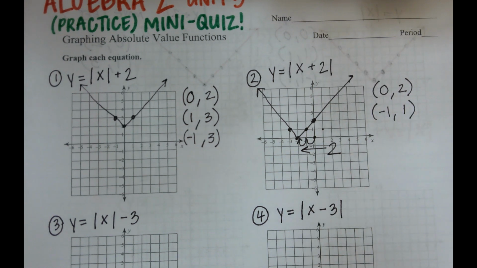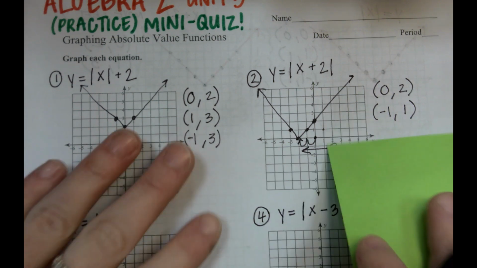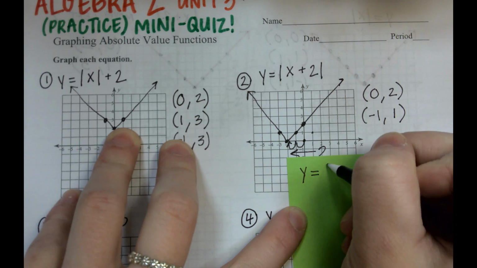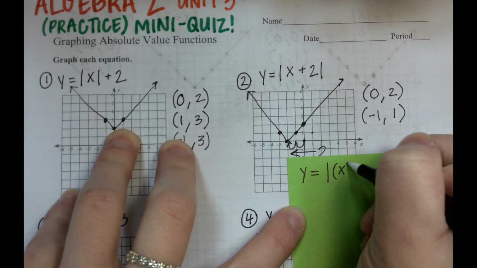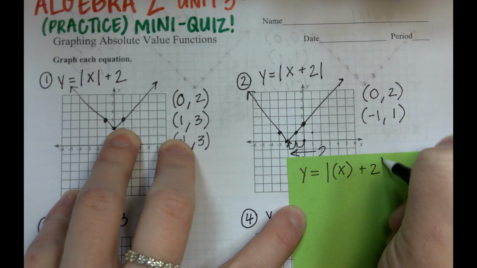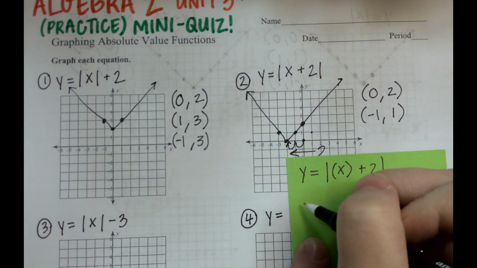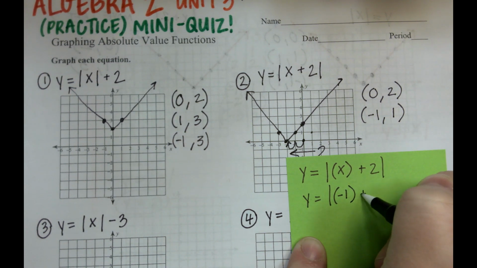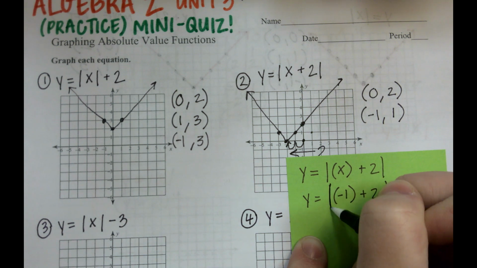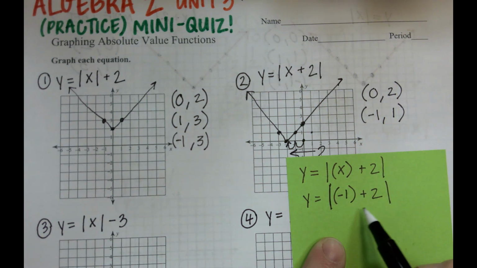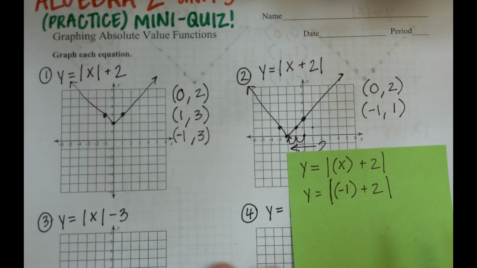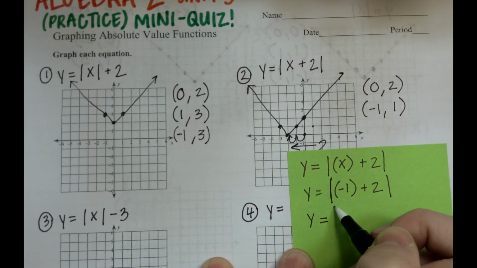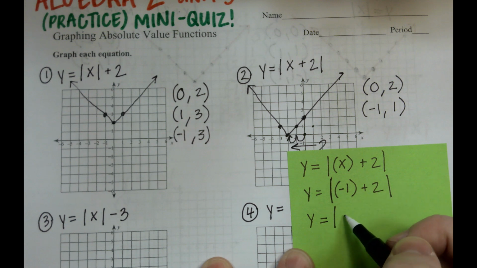Do you want me to write that out? Oh, I did write that. y equals the absolute value of x plus 2. So if we plugged in -1 for x, we need to solve what's inside the absolute value first and then find the absolute value of that. What's -1 plus 2? 1.